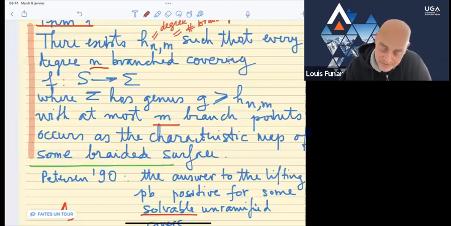That means that there exists a lift, and our braided surface is PL locally flat.